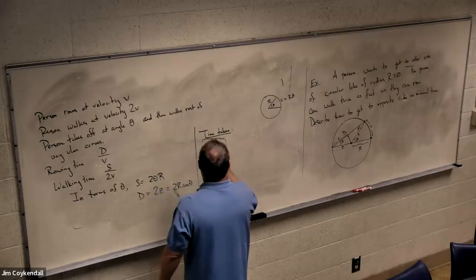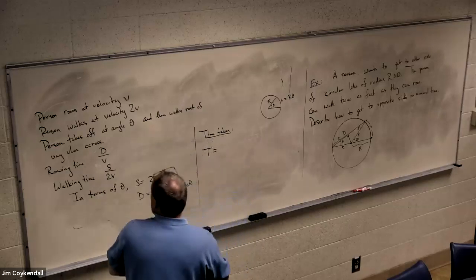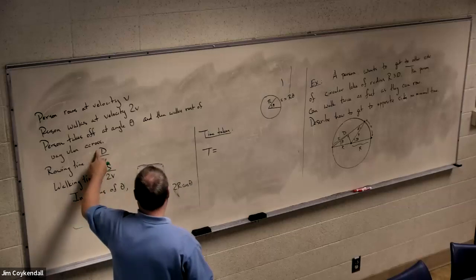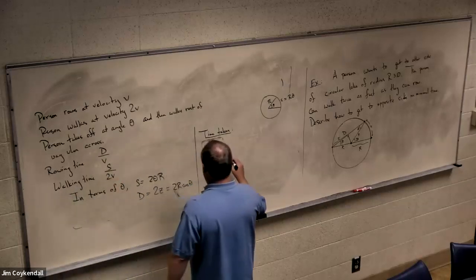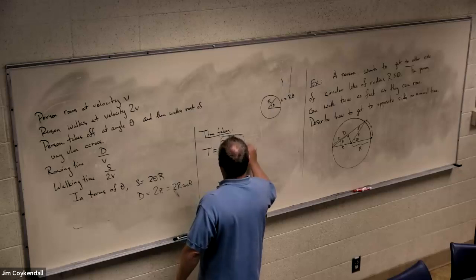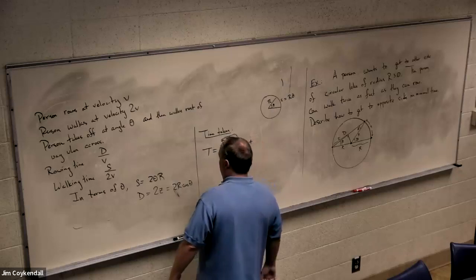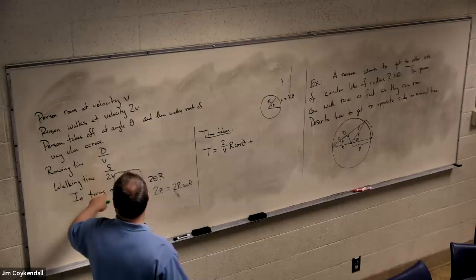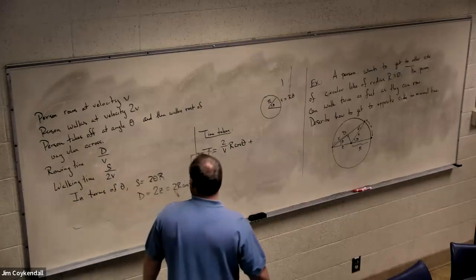Time taken. Well, it's the rolling time plus the walking time. So the rolling distance is S, and that's the rolling time, divided by the boat speed 2v. And for the walking time you divide D by v.